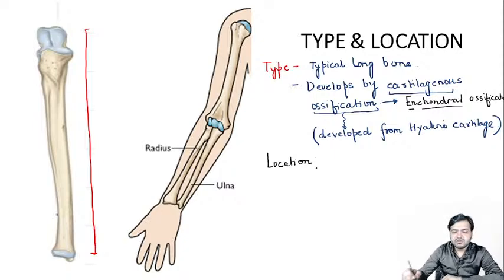Now, coming on to the location, guys, you already know that the ulna is the medial bone of the forearm, in the normal anatomical position.